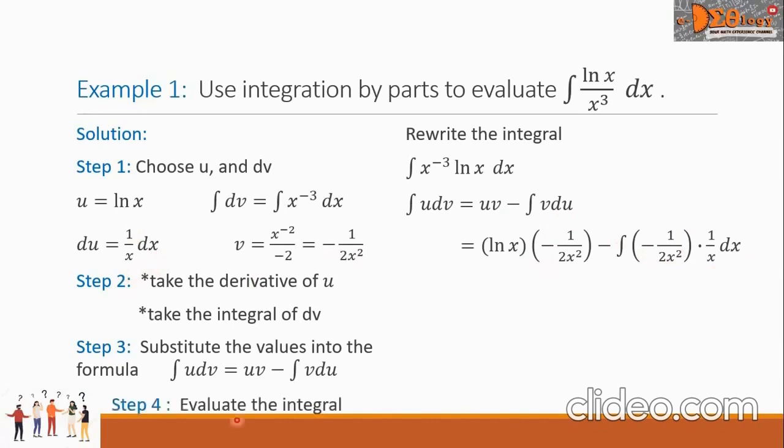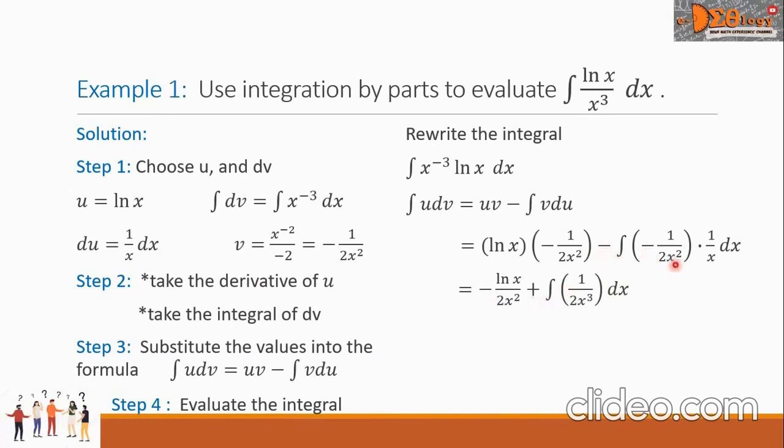Step 4 is to evaluate the integral. So for the uv, we'll just simplify the two terms. So we have now negative of ln x over 2x squared. And then the negative of this fraction and the negative sign outside becomes positive.